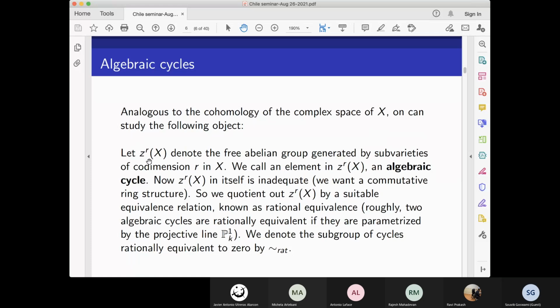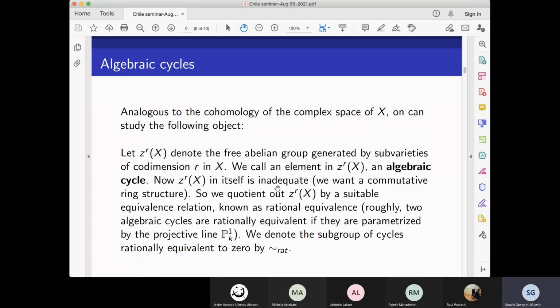Let Z^r(X) denote the free abelian group generated by subvarieties of codimension r in X. So the dimension of the subvarieties is dimension of X minus r. We call an element in this an algebraic cycle.